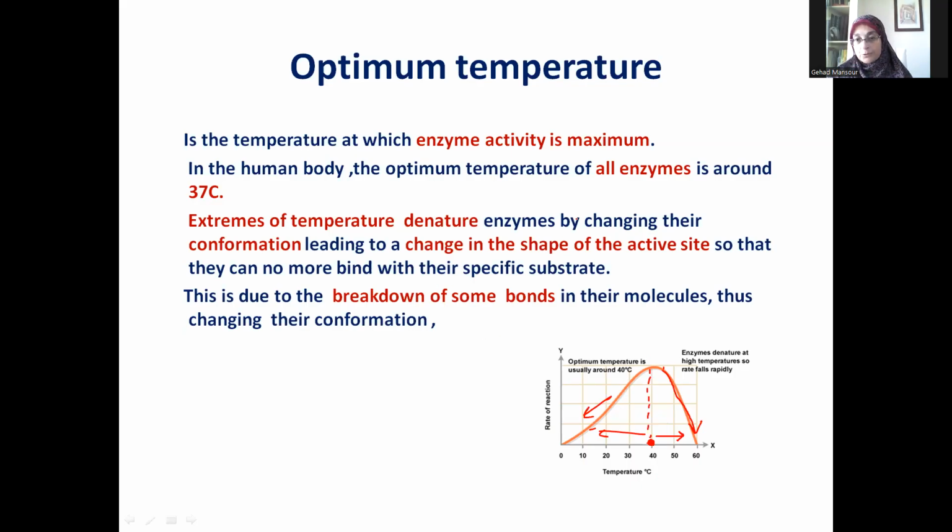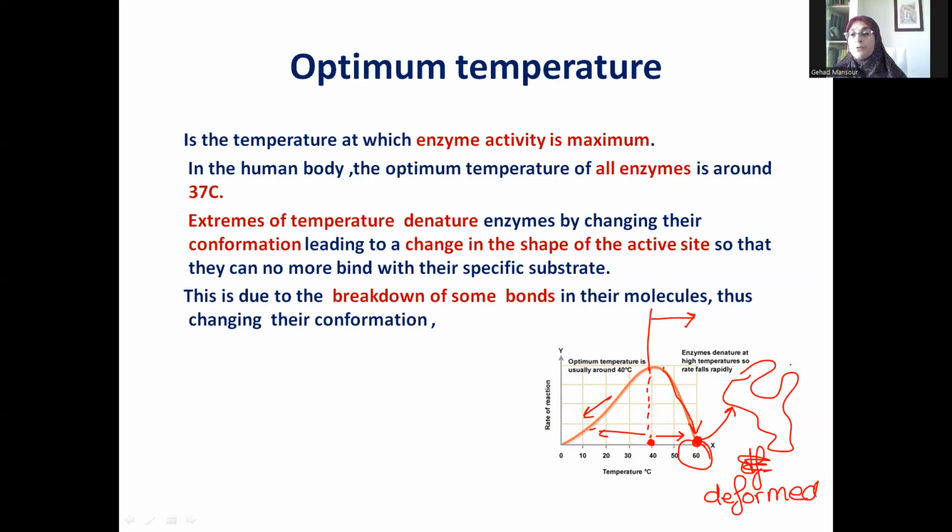Why does this occur? If this is the optimum temperature, then above the optimum temperature, if you reach a very high temperature, like 60, for example, you can see that at 60, there is zero enzyme activity. Why? Because the molecules of the enzyme are deformed, and therefore they can no more fit with the substrate.